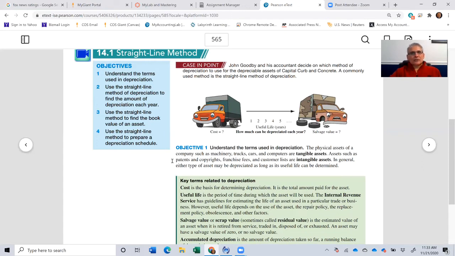Those assets are patents, copyrights, franchise fees, a customer list. All companies can buy these as well. So when we purchase those as a business, we consider those to be intangible assets. Tangible is something of substance, and intangible is something that has no substance to it. But it's still a cost, something that you purchased that will provide future value.